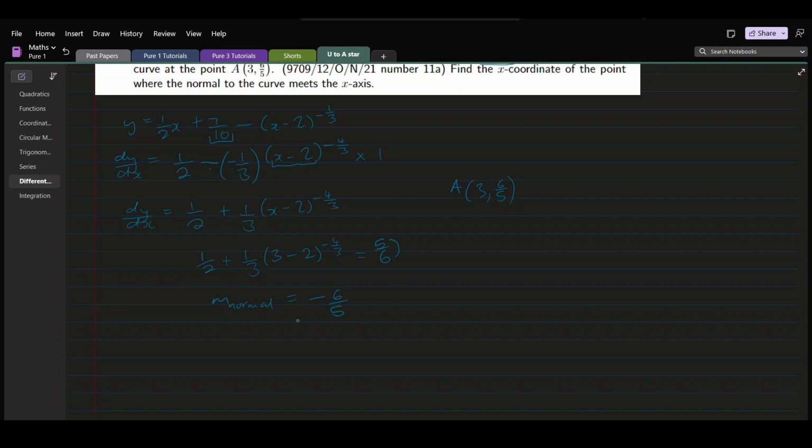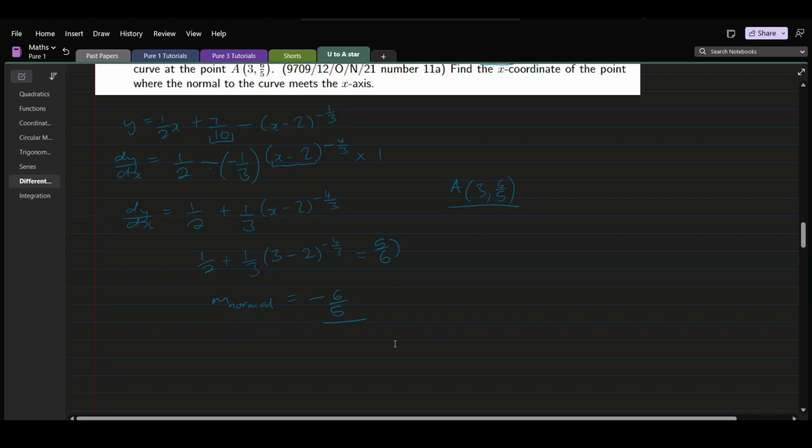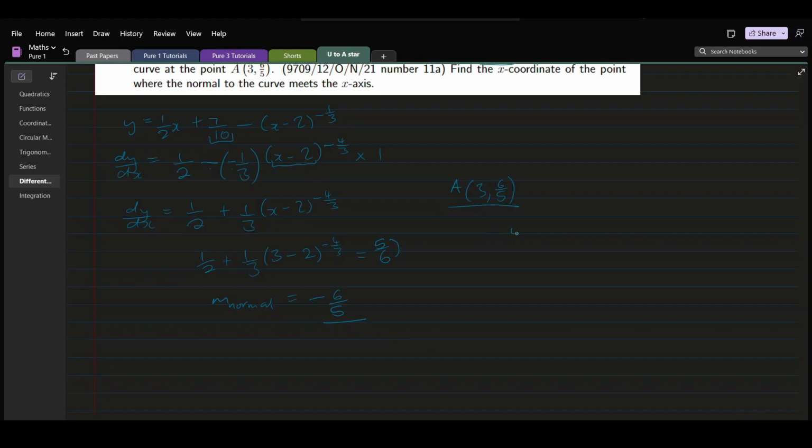Now that we have the gradient, negative 6 over 5, and we have a point that lies on the normal, we can find the equation of the normal using y is equal to mx plus c. So our y value is 6 over 5, which is equal to m, our gradient, which is negative 6 over 5, times x, which is 3, plus c. So that 6 over 5 is equal to negative 6 over 5 times 3, which is negative 18 over 5, plus c.